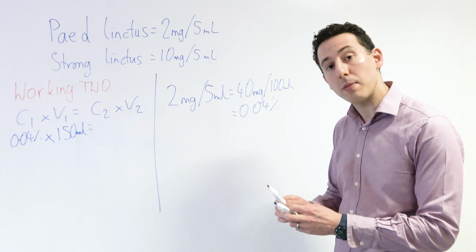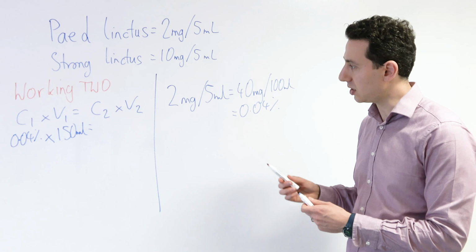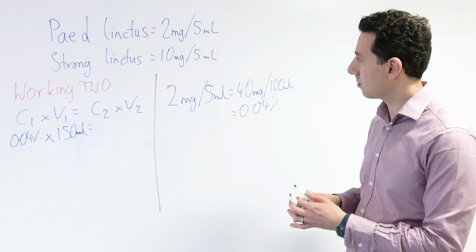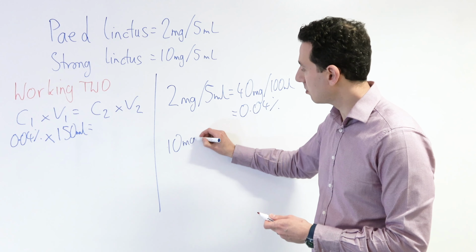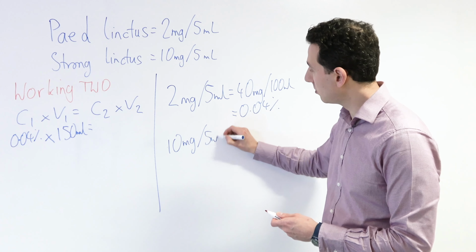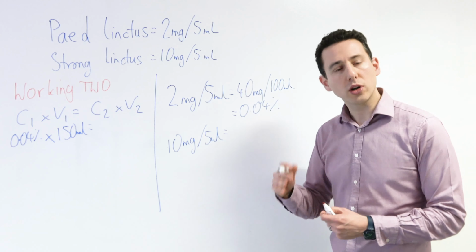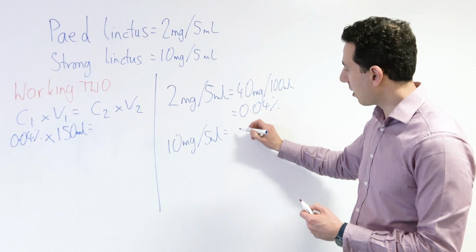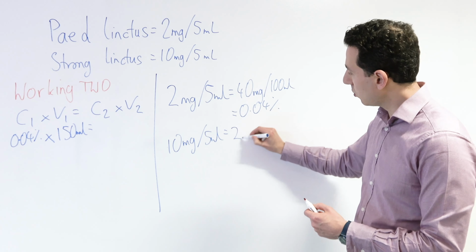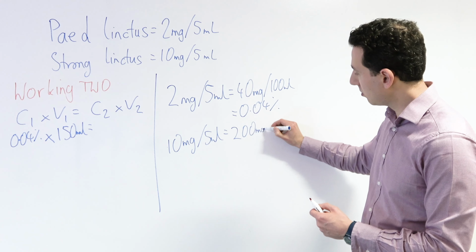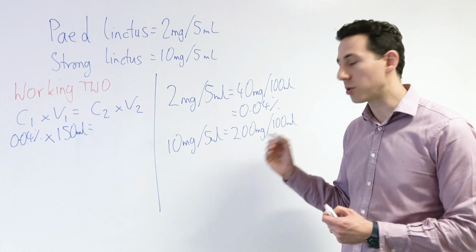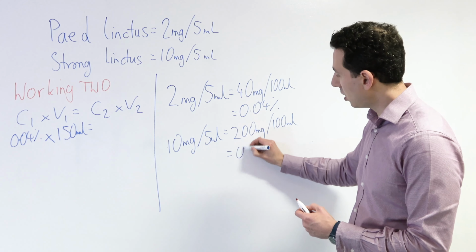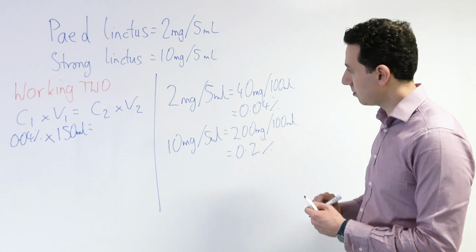So let's work out now how many mils of the strong linctus we need to supply. The strong linctus is 10 milligrams in 5 ml. And to work that as a percentage, we can see that if we times by 20, we'll get 200 milligrams in 100 ml, which gives us a final percentage of 0.2%.